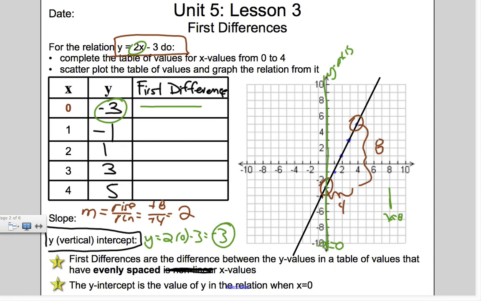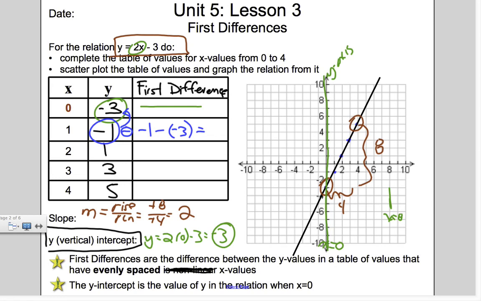For the second row, it's really a y value here, this value minus the value above it. So it's negative 1 minus the value above it, which is negative 3. What is that equal to? So negative 1 minus negative 3.